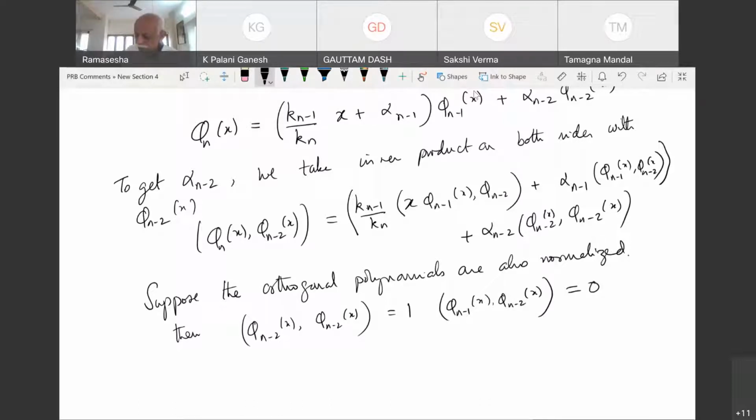The left hand side is also 0, because Pn x comma Pn minus 2 x is also 0.